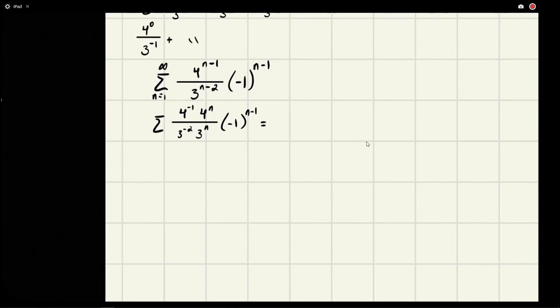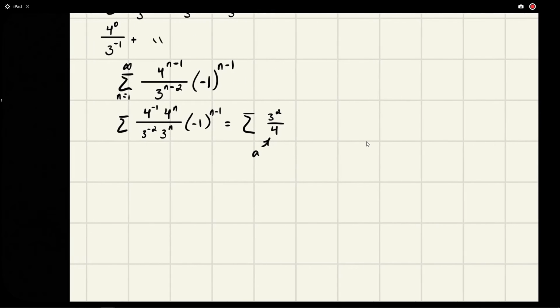So this is going to be 3 squared divided by 4. That's just some constant. That's our a. And then we've got our 4 over 3 to the n times negative 1 to the n minus 1. And this one is our r.